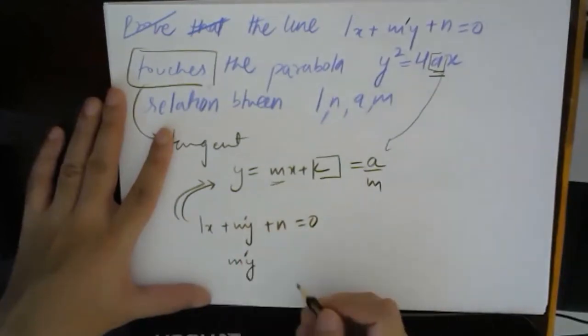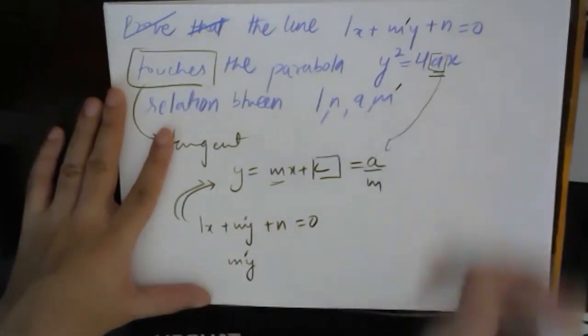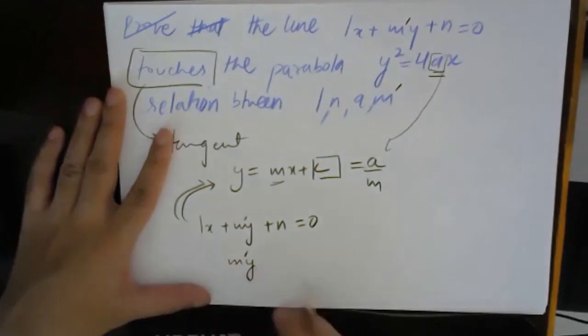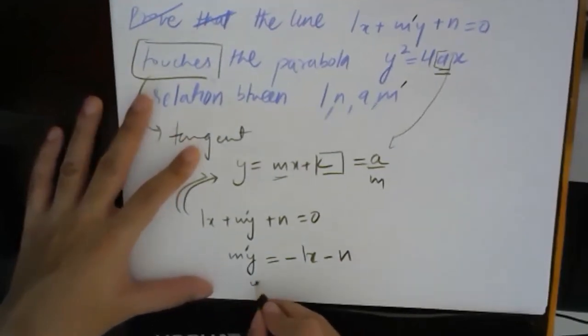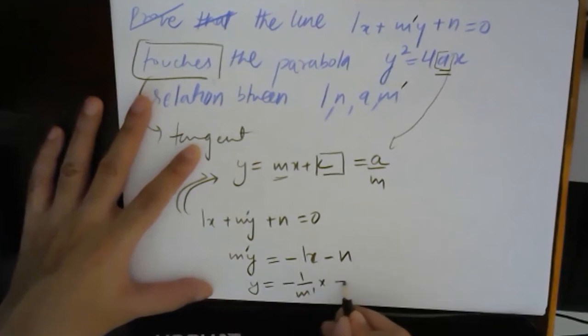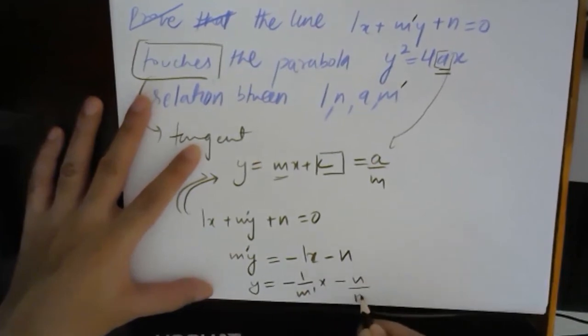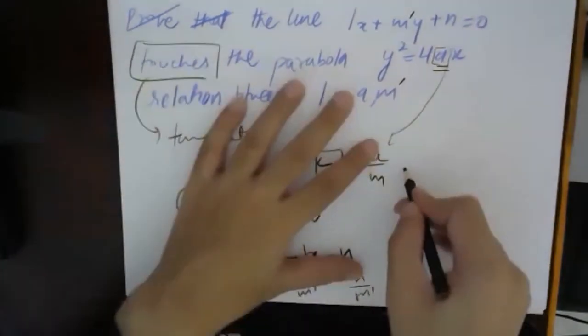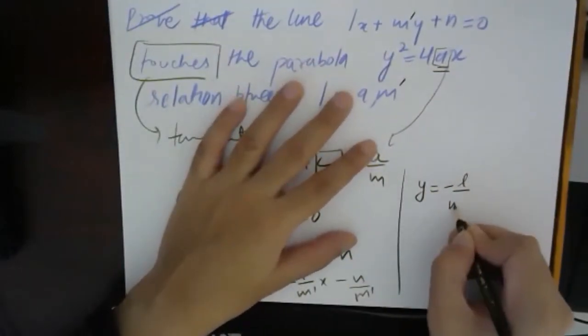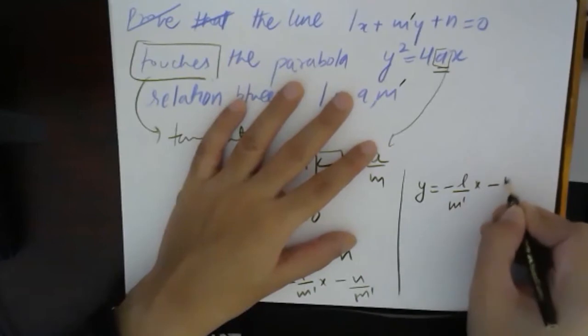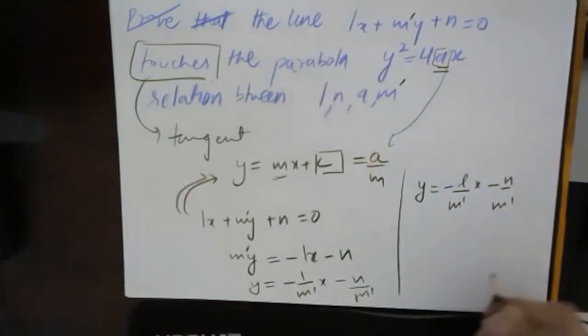So m dash y is equal to minus lx minus n. So y is equal to minus l by m dash x minus n by m dash.